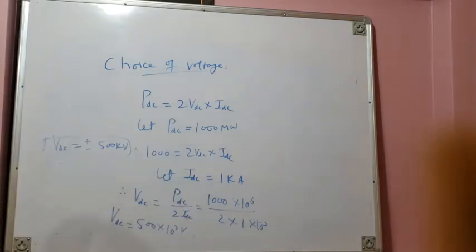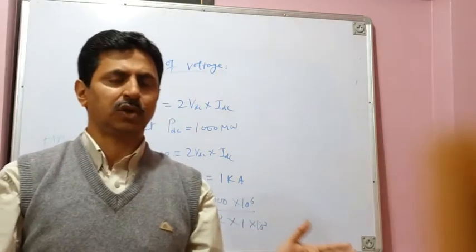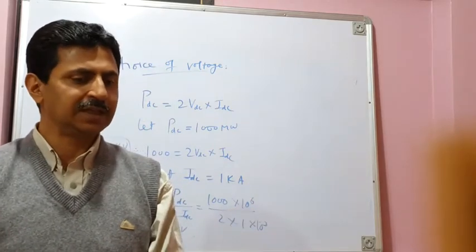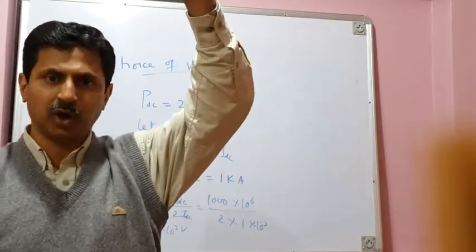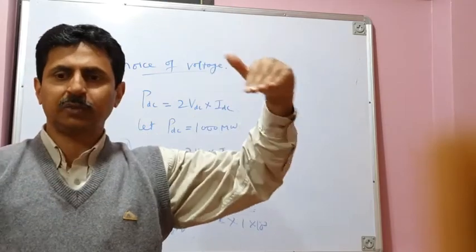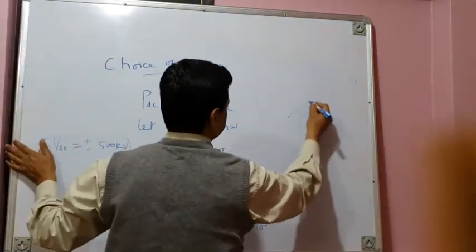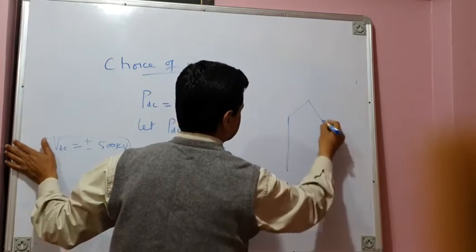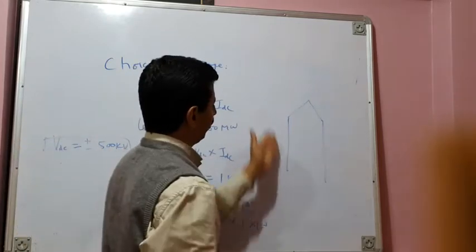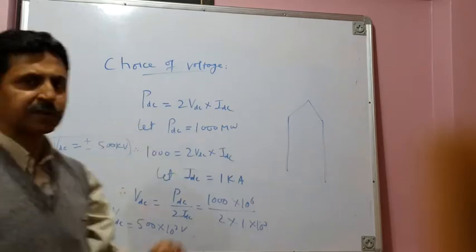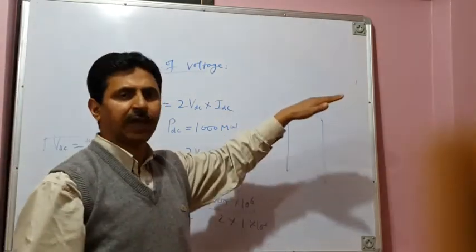Okay, and once you know the voltage of the link, you can very easily decide what should be the height of the tower, what should be the clearance of the cross arms. So your tower may look like this. Depending upon the transmission line voltage, you decide the height of the tower.